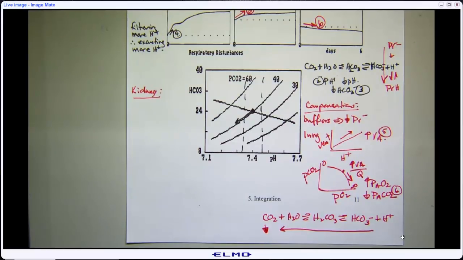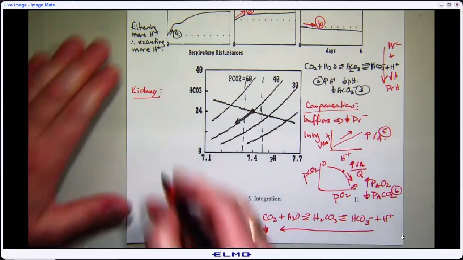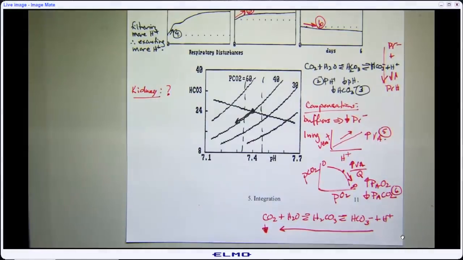What's the kidney doing overall? Nothing. Okay, we'll leave it there. We have no idea what the kidney's doing, and we'll move on to another example.